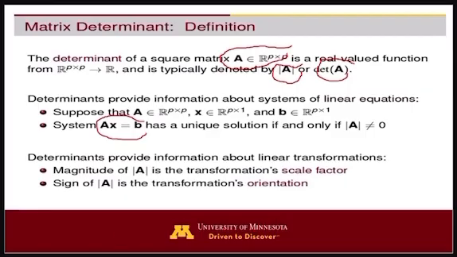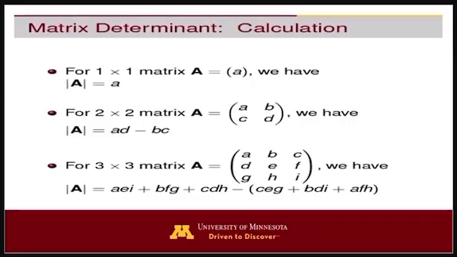I'm going to show you some mathematical examples. Let me start with a 1 by 1 matrix: the determinant of A is A. But if I go to a 2 by 2 matrix, take a look at this.